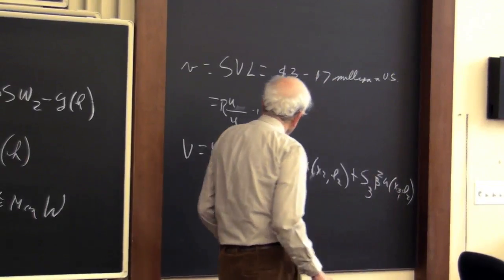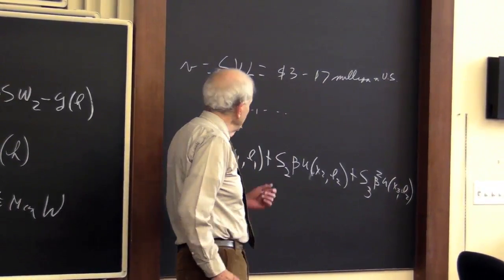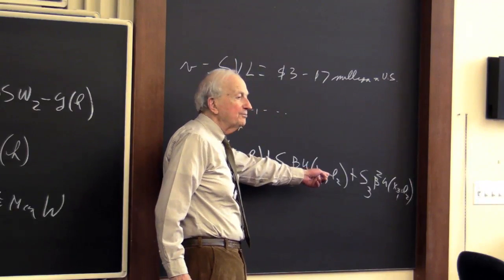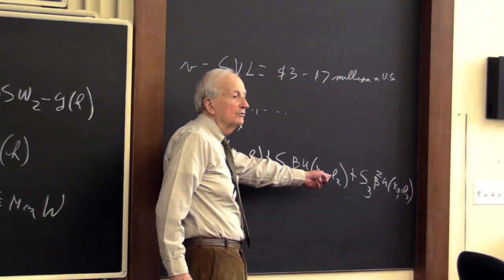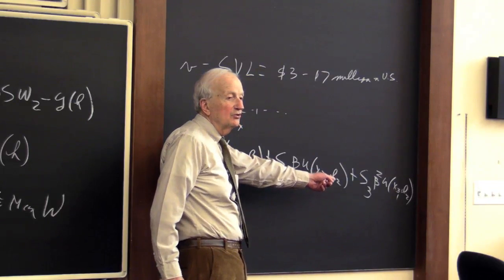What is S2? S2 is, as of the present, my probability of surviving through the second period. S3 is, as of the present, my probability of surviving through the third period. These are unconditional probabilities.